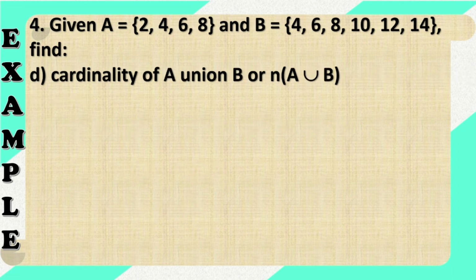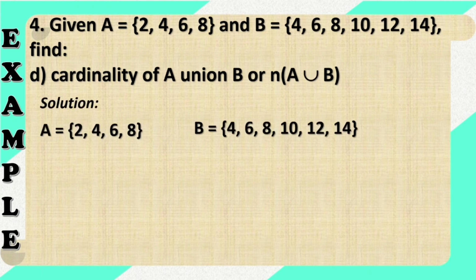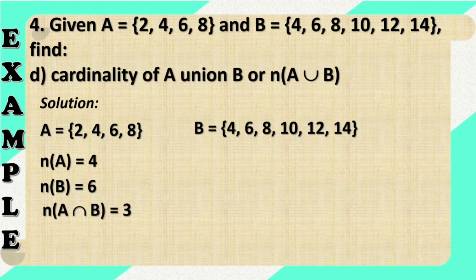For letter D, find the cardinality of A union B. So we have the cardinality of set A is 4 and the cardinality of set B is 6 and the cardinality of A intersection B is 3.